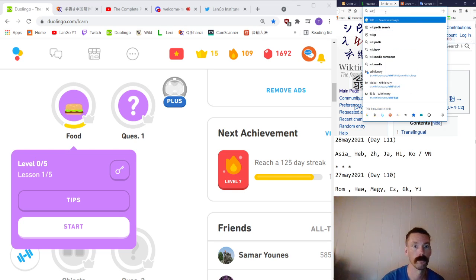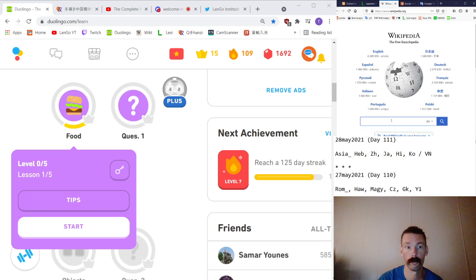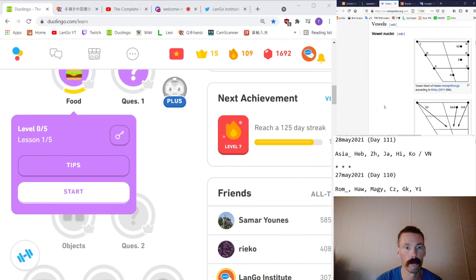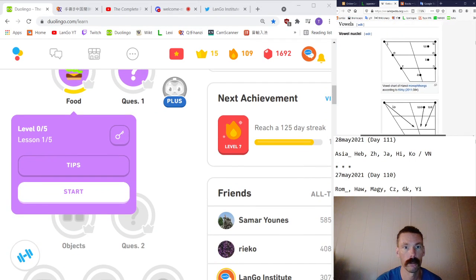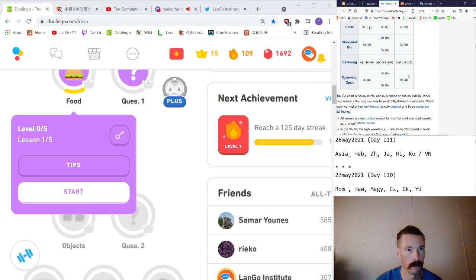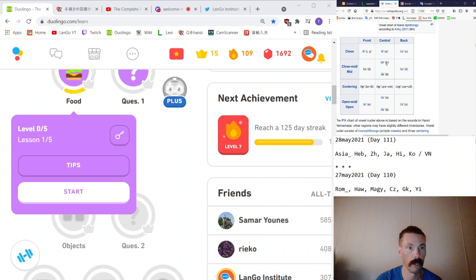Well, then you have each of the 5 Roman letters plus O with a hook, U with a hook, and A with a breve. Is that a quality diacritic or a tone mark? The breve is a quality. It makes it more central, I believe. So this has a 4x3 grid here. But this does include some diphthongs.